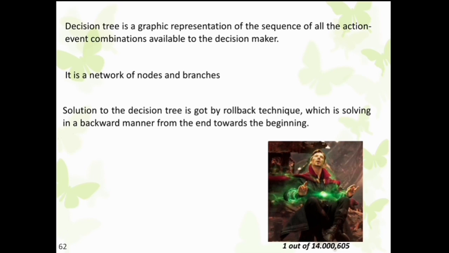Obviously he would have looked for that ending where Thanos was defeated or turned to dust, and then seen the earlier course of actions he needed to take right till the present moment. That is how he might have arrived at the favorable path or outcome. That is exactly what we are going to do in decision trees.